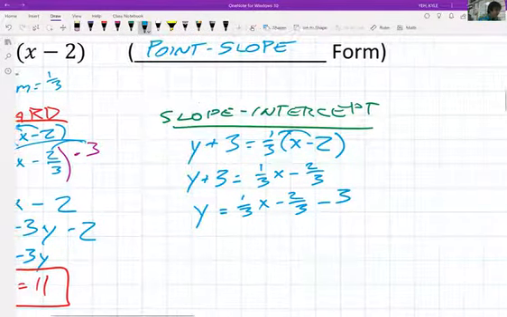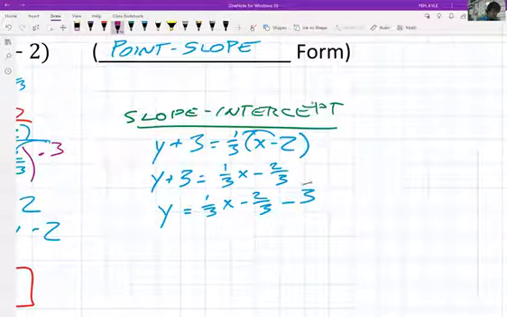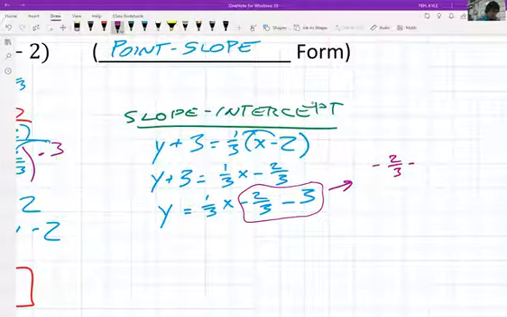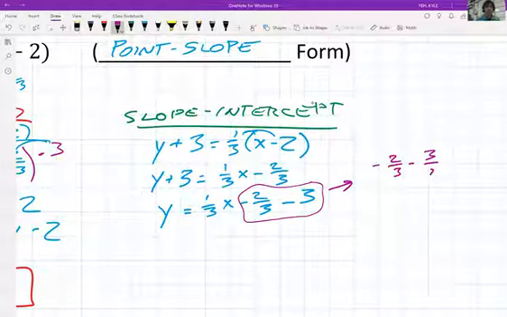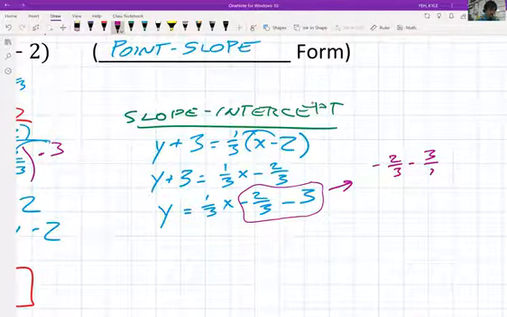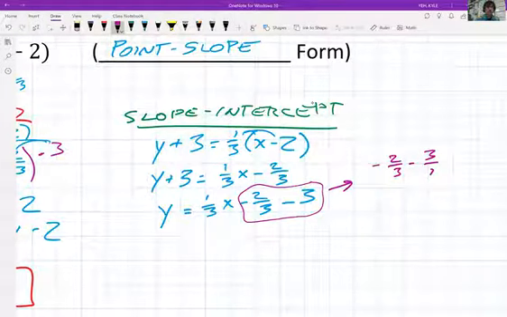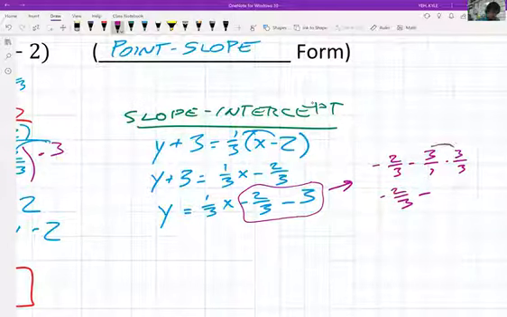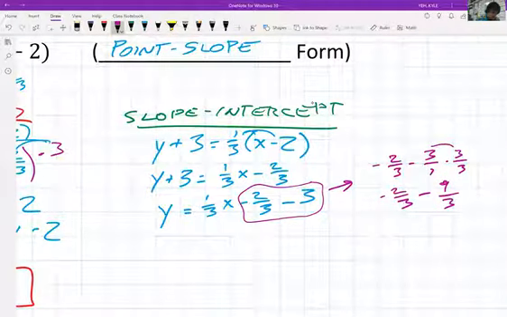And here maybe is the trickiest part, which isn't too bad. I'm going to simplify those off to the side here. So negative 2/3 minus 3 over 1, because we can always put it over 1. Well, to add or subtract fractions, I know I need a common denominator, so I'm going to multiply this by 3 over 3. So that gets us negative 2/3 minus 9 over 3.